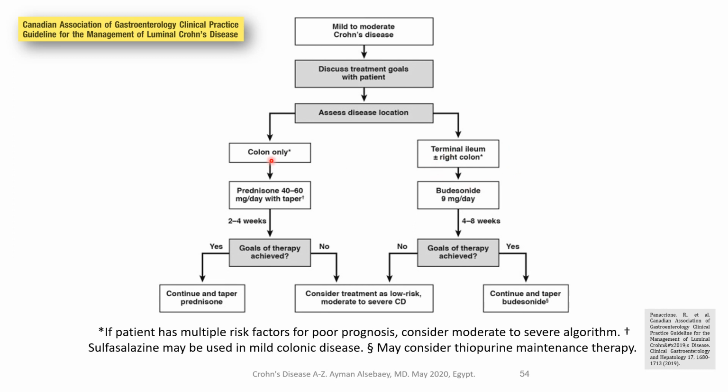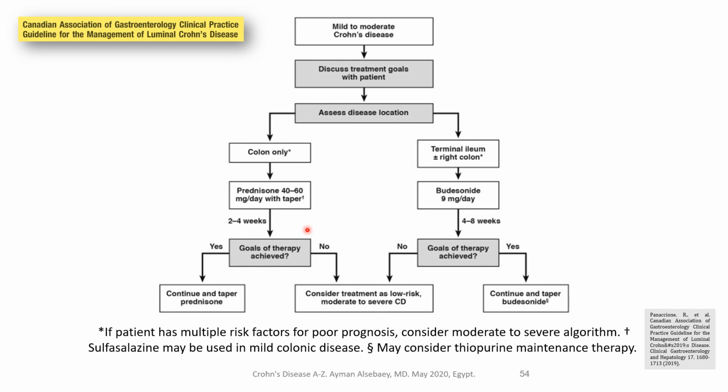If the disease is confined to the colon, look to this asterisk, you can use either sulfasalazine, this weak drug, or corticosteroids. The British Society said use corticosteroids from the start because it is stronger than sulfasalazine.